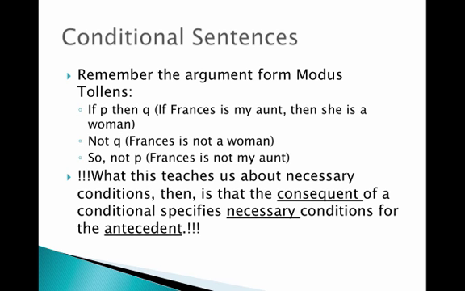This teaches us something about necessary conditions: the consequent of a conditional specifies a necessary condition for the antecedent. When you have a conditional of the form if P then Q, the consequent is what specifies a necessary condition for the antecedent.